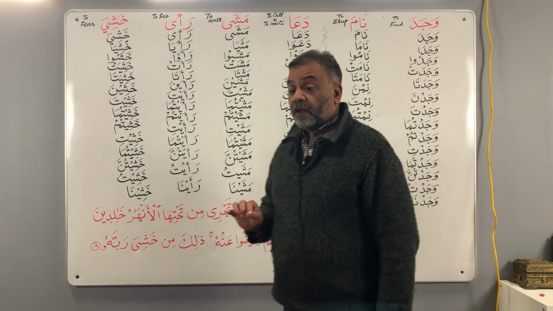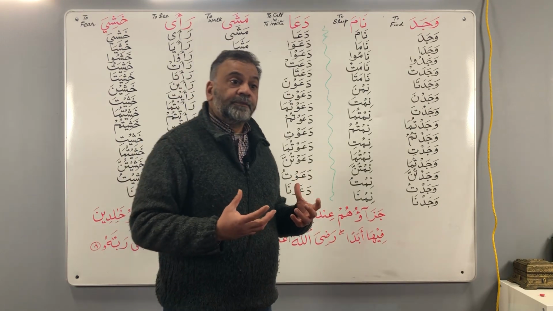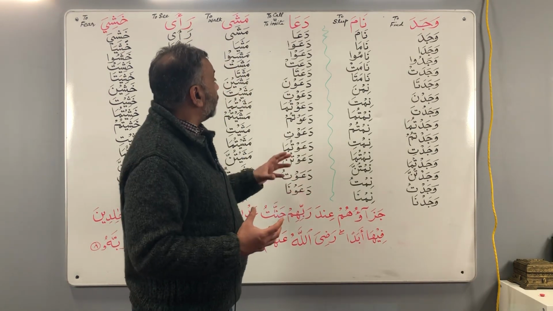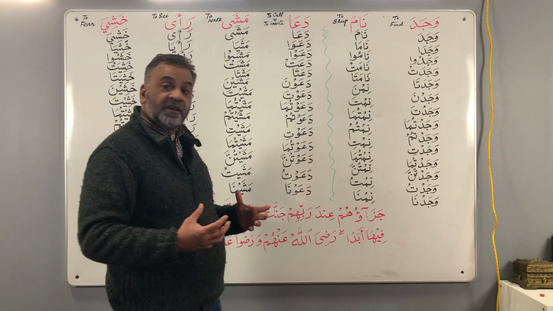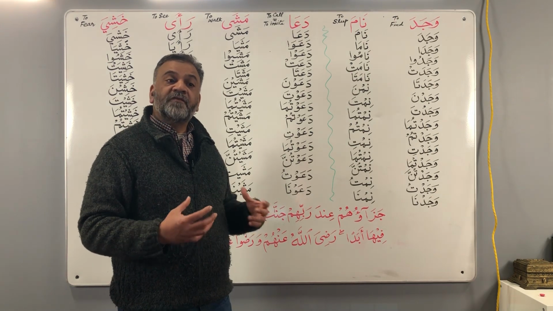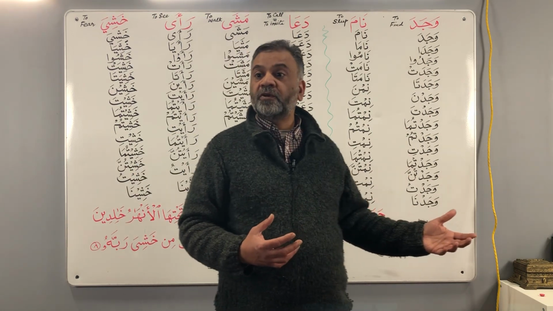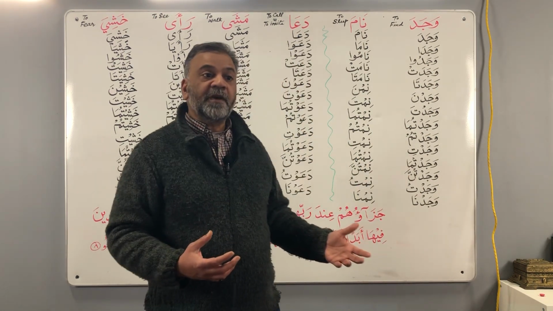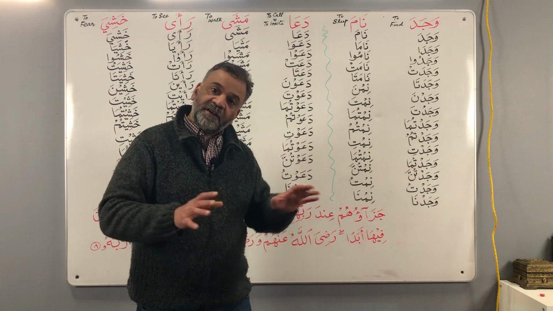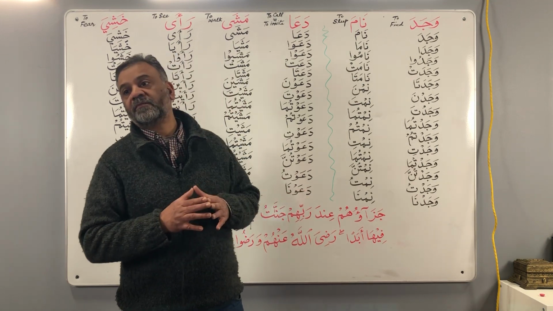Now that we know the root, this root will manifest itself. It does not have to wait until it comes into the Mudare form. It will manifest itself in the Madi form as well.